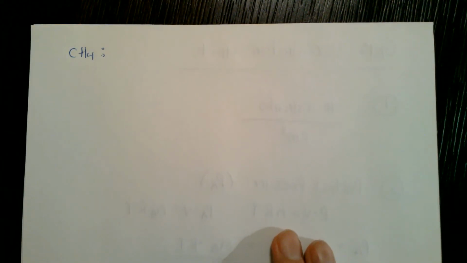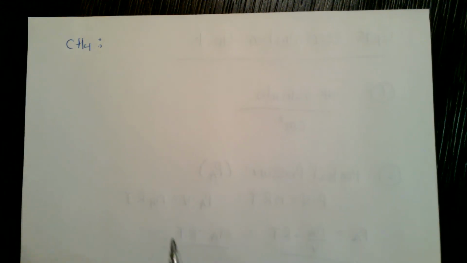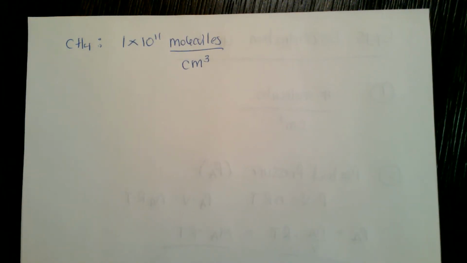So let's look at CH4, methane, which is a gas that is a pollutant in the atmosphere. So let's say there's 1 times 10 to the 11 molecules per centimeter cubed.